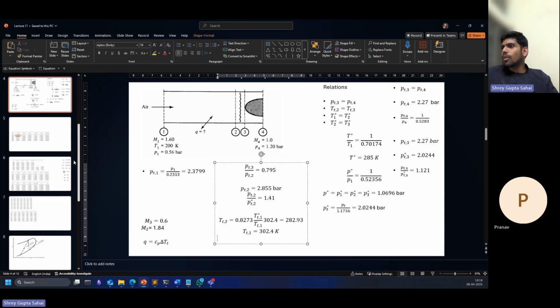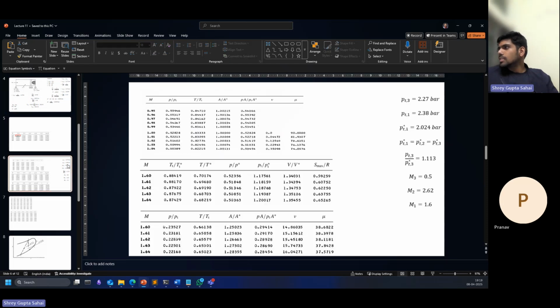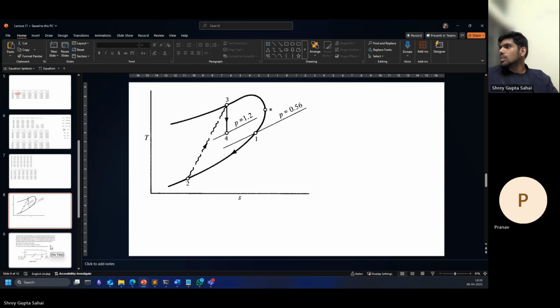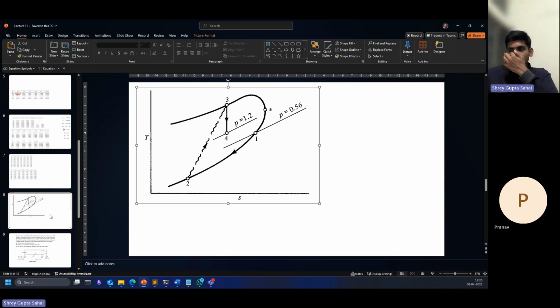So this is how you solve this problem. Do I have the exact answers? I don't have the exact answers, but let's look at the process.